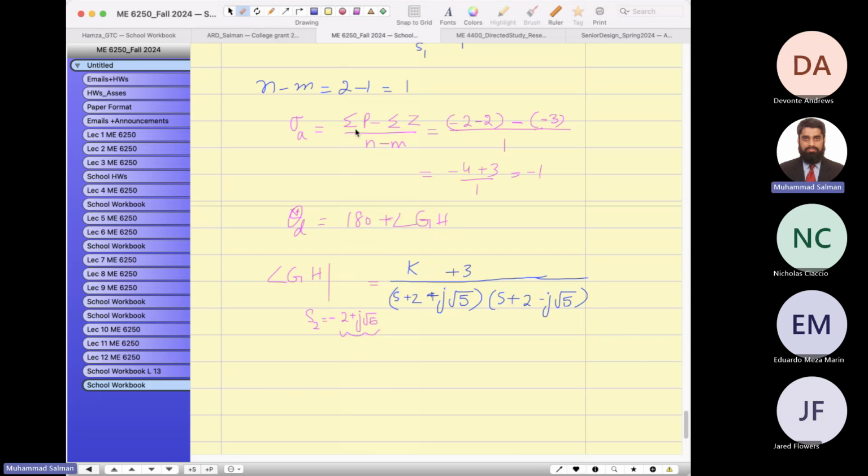Can I write it like this? Minus 2 plus j square root 5 plus 3. And for this one, I'm going to use negative 2 plus j square root 5. So I'm going to exclude this one. Agreed?